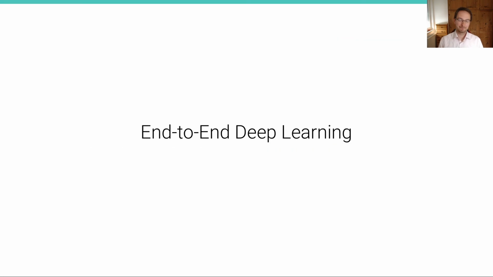Now, finally, I want to also mention that optical flow has not only been tackled by classical algorithms like inference in graphical models or variational techniques, but it has also been approached with end-to-end deep learning.